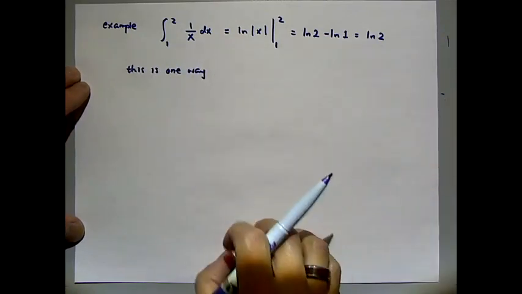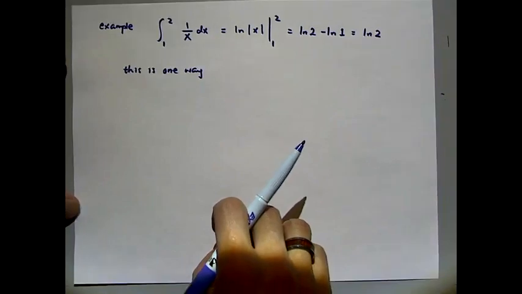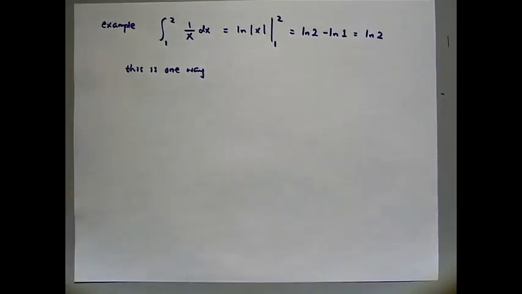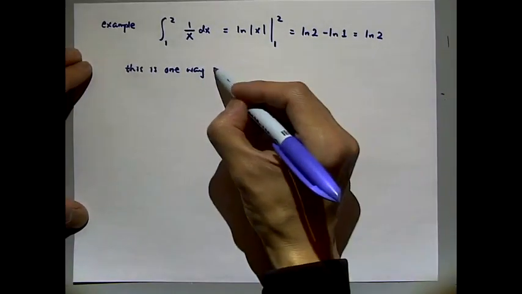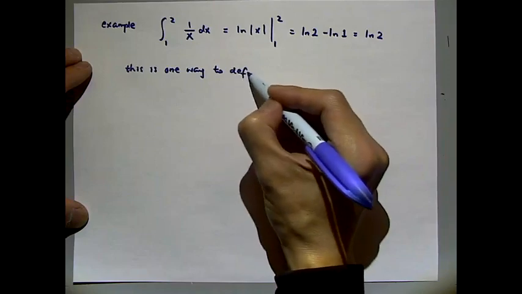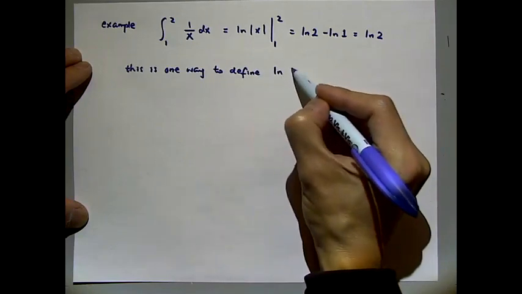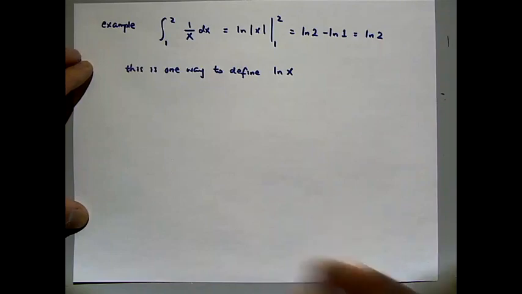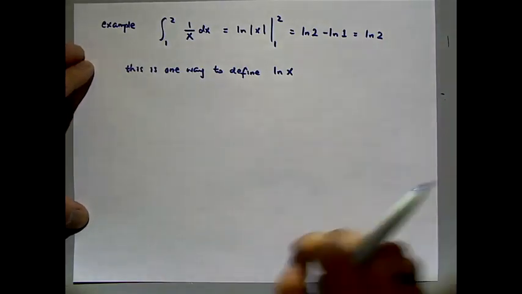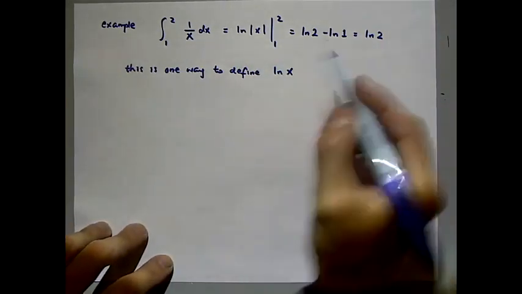We have many different ways to define e that you've seen so far. We also have many different ways to define the natural log. So what happens here is actually one way to define the function natural log of x.